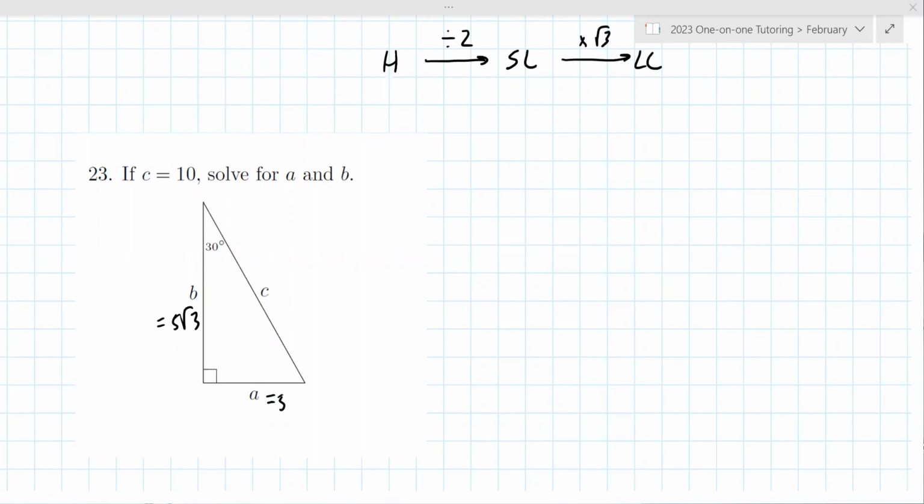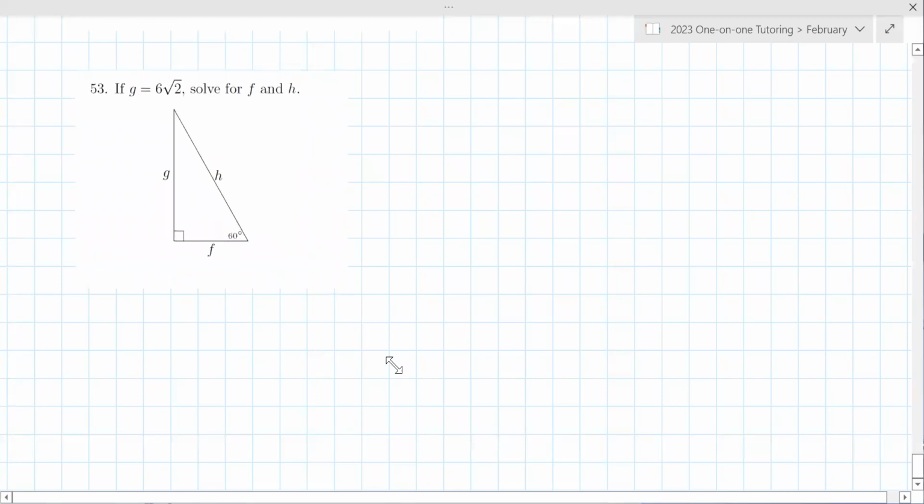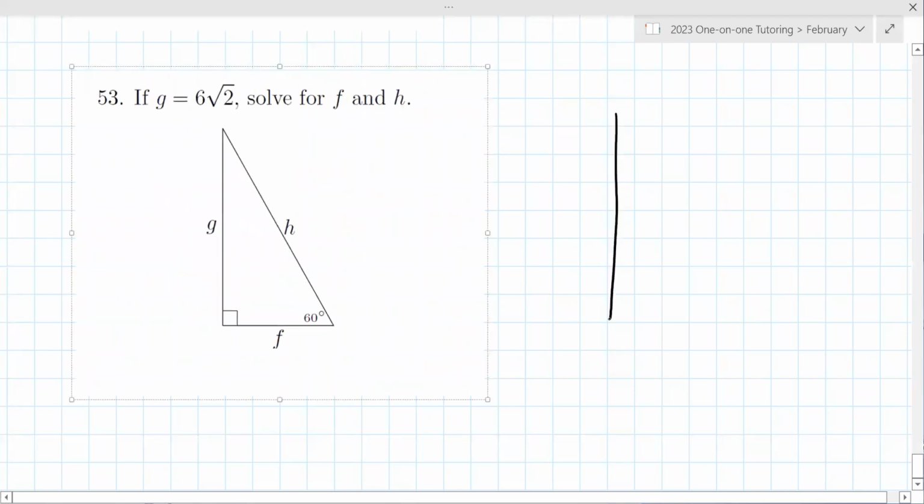Now, the most difficult type is when I give you the long leg, right? The long leg is the absolute worst. We'll see why in a moment here. So here's a problem for us to look at. The long leg has a square root of 3 in it.